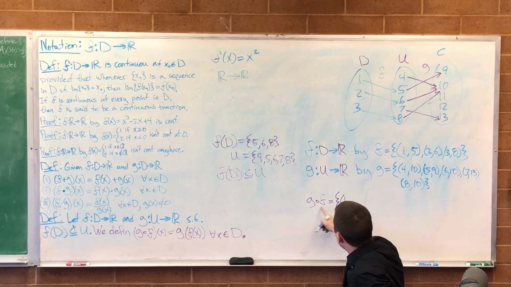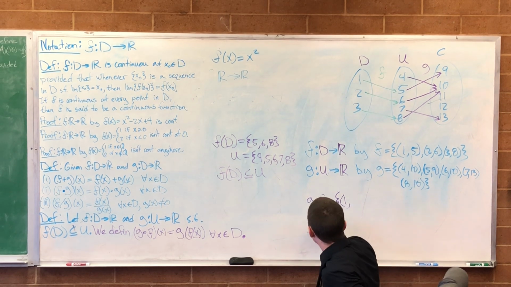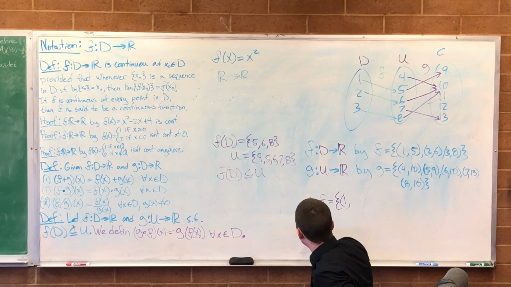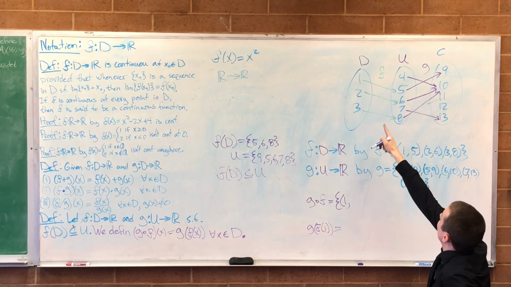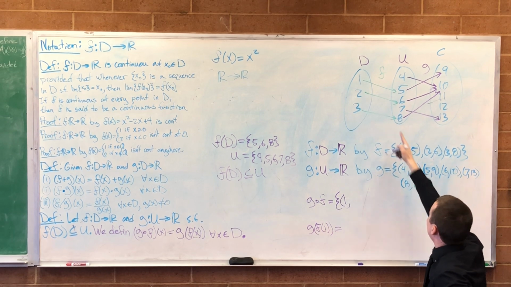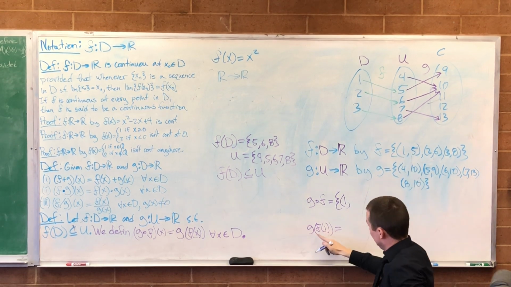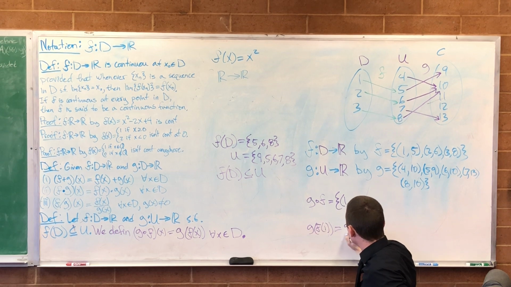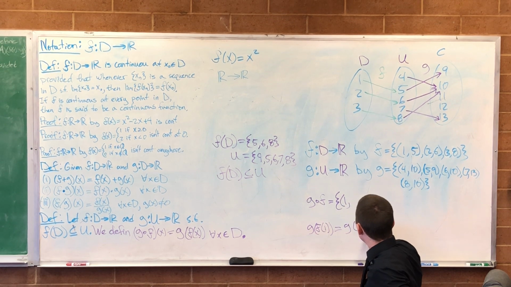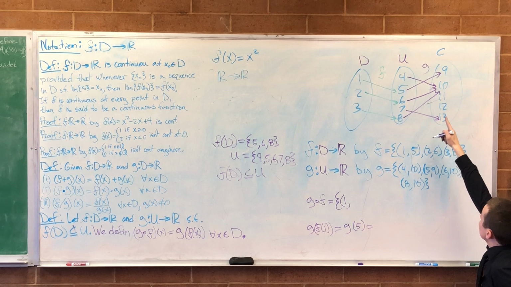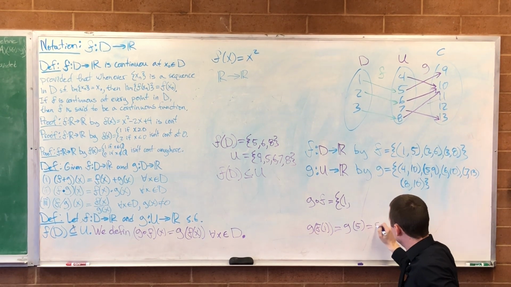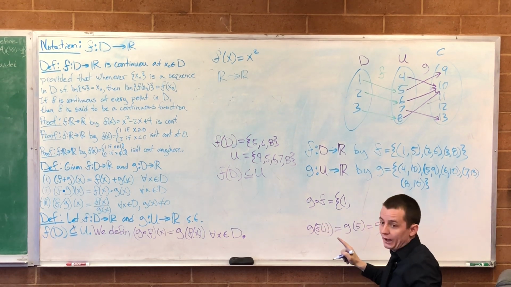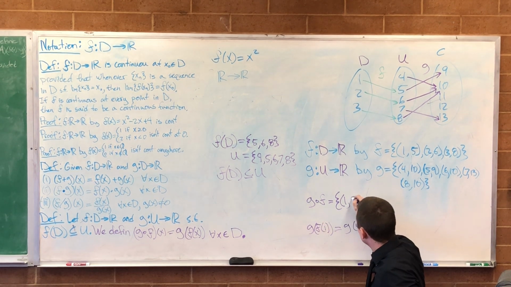What is G composed with F of 1? That's G of F of 1. What is F of 1? F maps 1 to 5. So G of F of 1 is the same thing as G of 5, which is 9. So in G composed with F, 1 goes to 9.